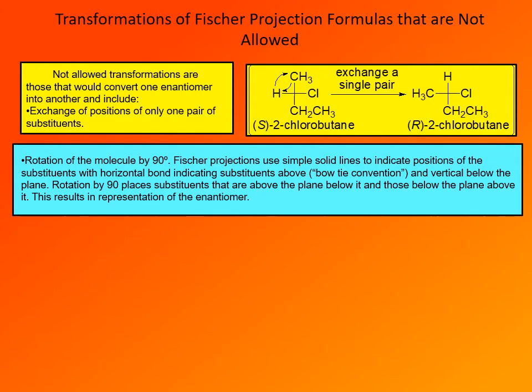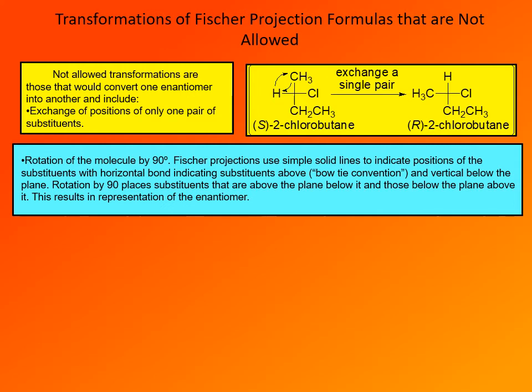Another very important transformation that is not allowed, and that's a mistake that is very easy to make, is rotation of molecule by 90 degrees. Fischer projections use solid lines to indicate positions of the substituents, with horizontal bonds having particular meaning.